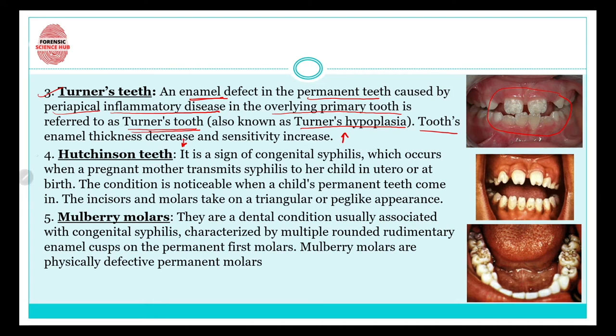Then moving on to the next anomaly, that is Hutchinson's teeth. It is a sign of congenital syphilis. Hutchinson teeth and mulberry teeth both are a sign of congenital syphilis, which occurs when a pregnant mother transmits syphilis to her child in the uterus or at birth.